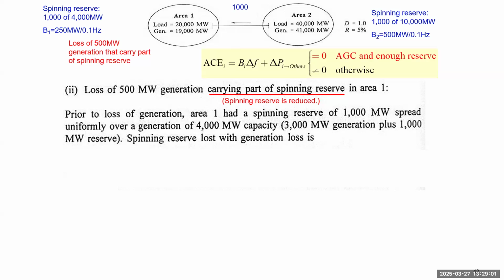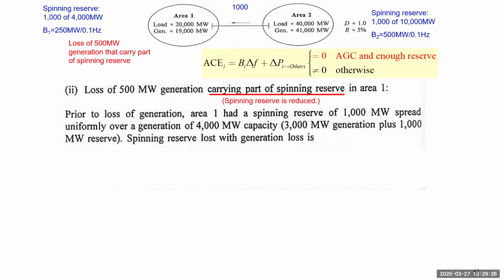But now 500 megawatt of the 4,000 will be lost, which means some spinning reserve will be lost. We need to estimate how much remaining spinning reserve we have, and then decide whether the remaining spinning reserve can take care of the loss of the generation. If it's higher, a loss of 500 megawatt generation is not a big deal. You can recover frequency back.